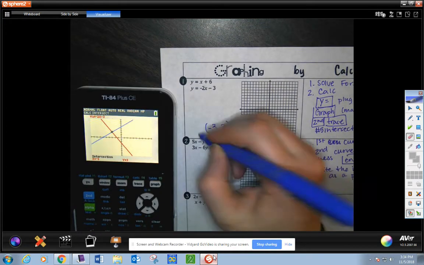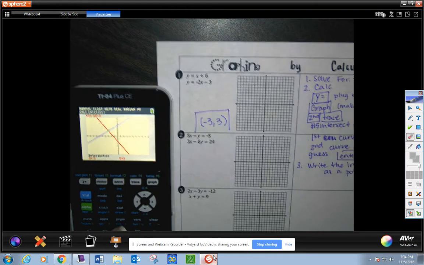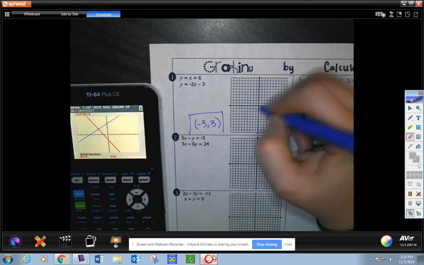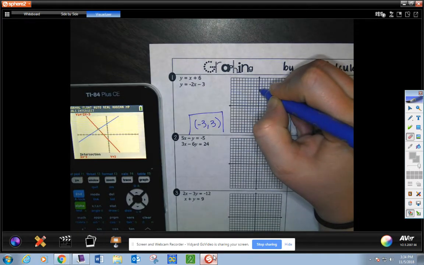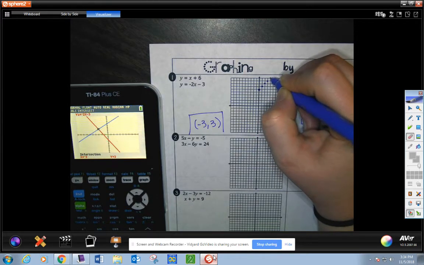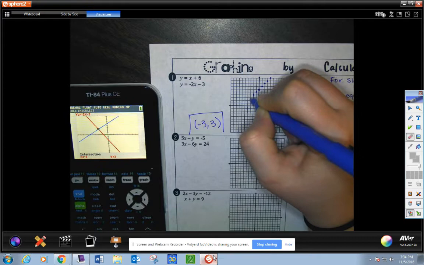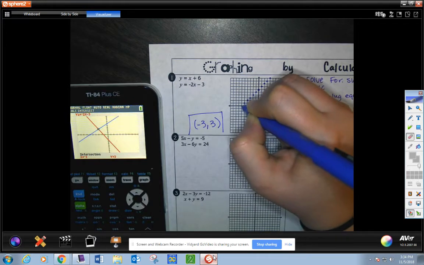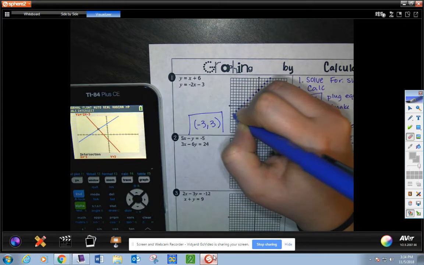Okay, now what I want y'all to do just for practice is you already have the equations, so let's graph them really quick. So I'm going to go up here to 6, rise 1, run 1. And remember, when you're doing these, you need to plot all your points so that way you don't miss any.